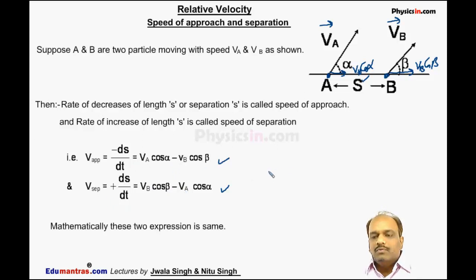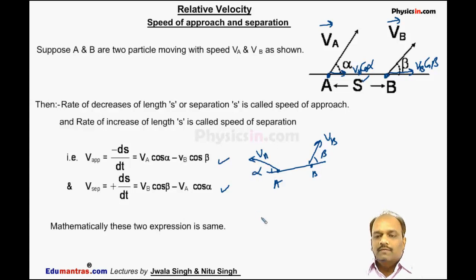In the same way, suppose this is particle A and this is particle B. Suppose A is running in this direction with a velocity Va and B is running in this direction with a speed Vb, and this angle is beta and this angle is alpha. Then we can say the separation between these two is increasing.